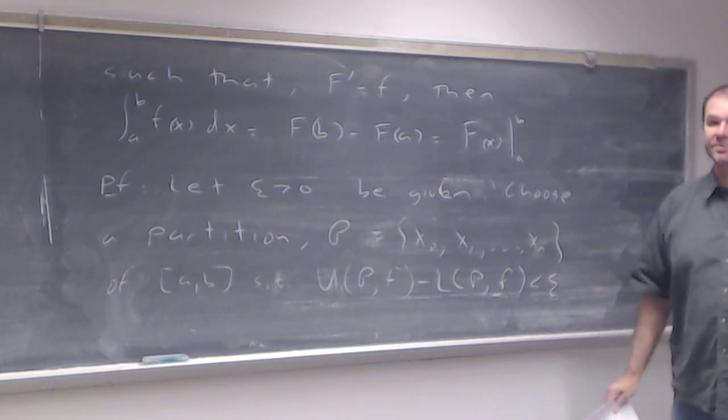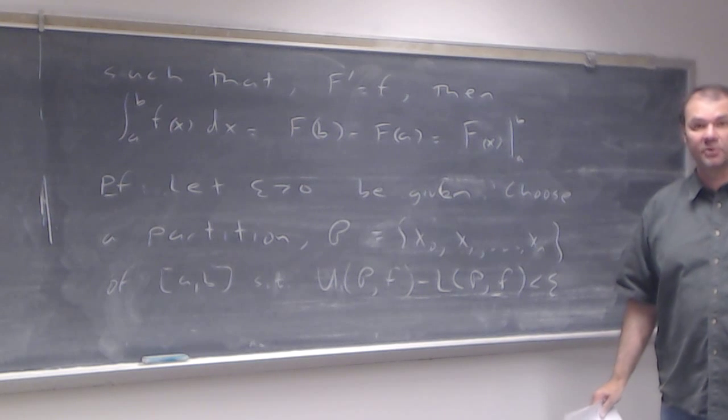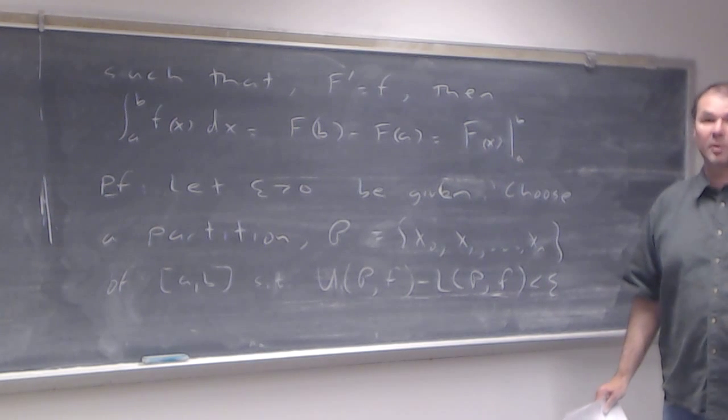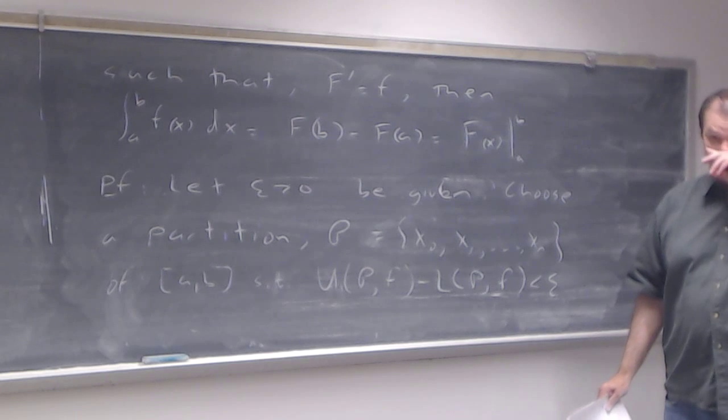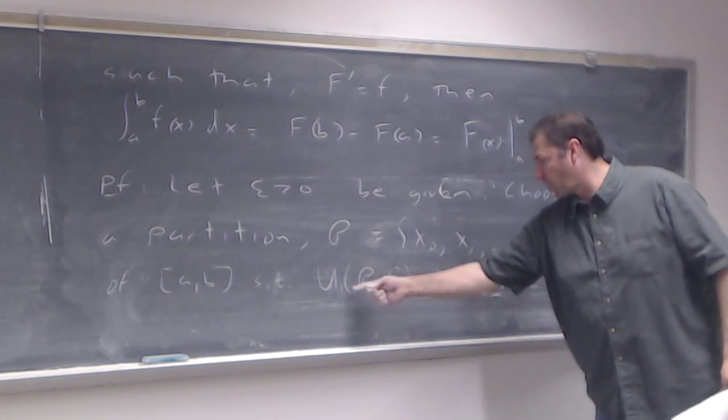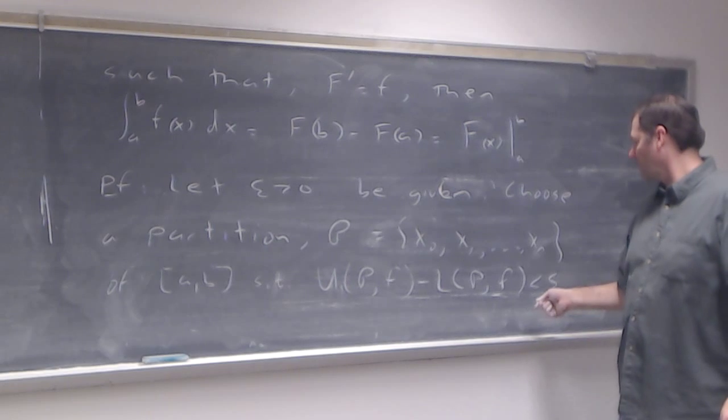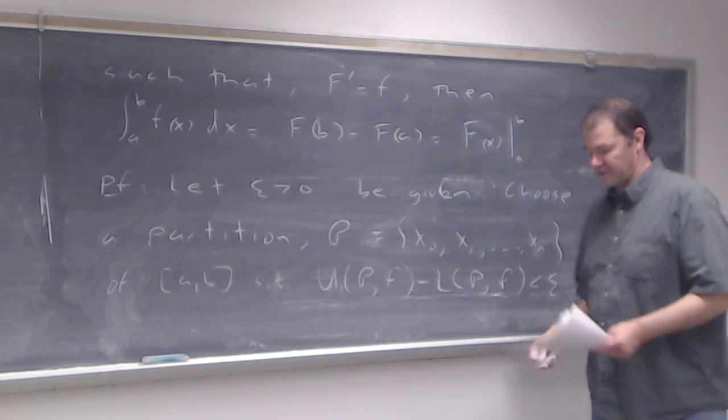Of course, I can choose such a partition because of that main fact that we've proven for a function to be Riemann integral: that there's some partition such that the upper sum minus the lower sum is going to be less than epsilon, if epsilon was given.